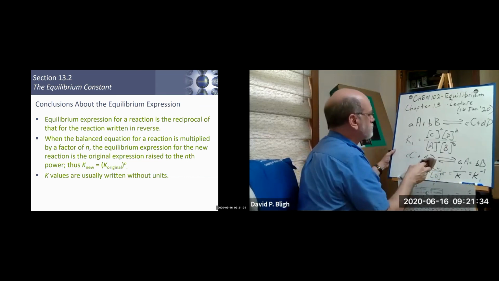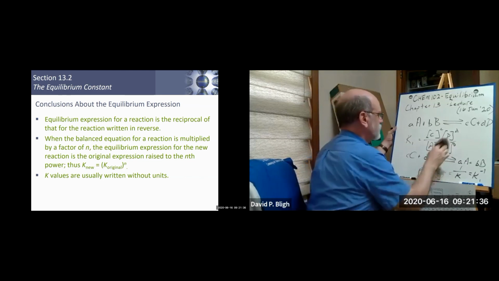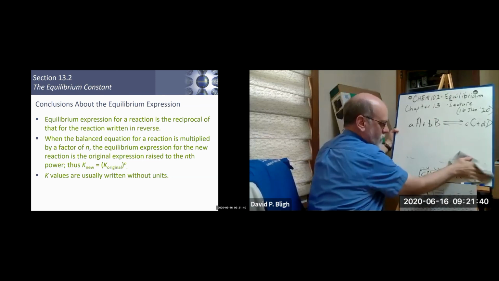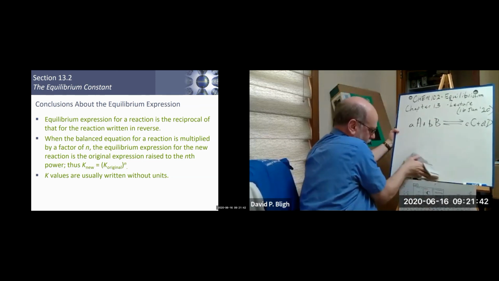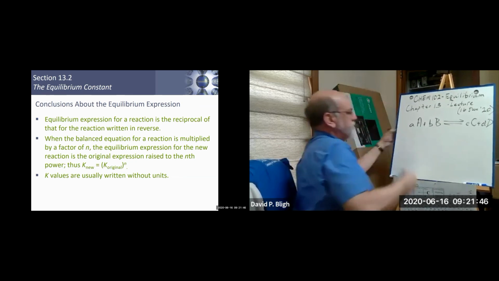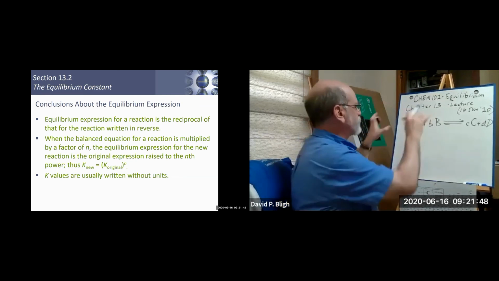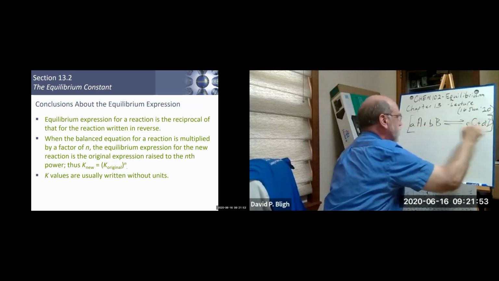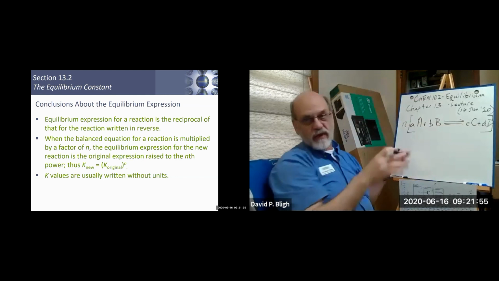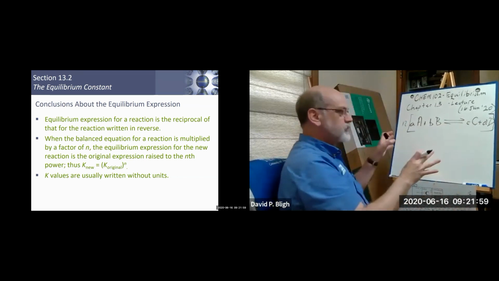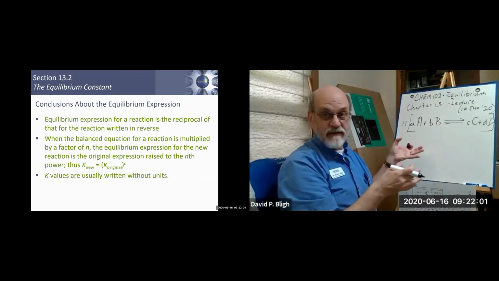I want to erase this because I'm running out of room. Let's say we have to multiply this whole equation by some value n. What will that do to the K value?